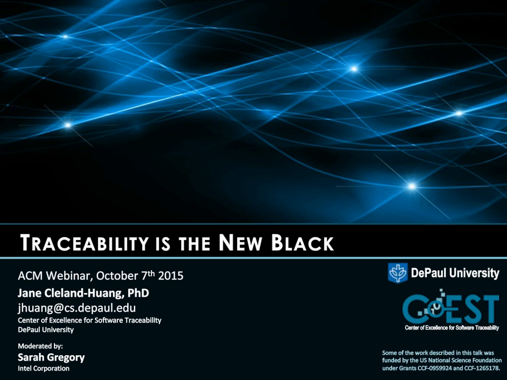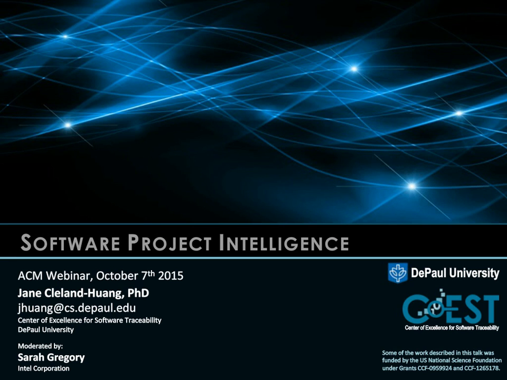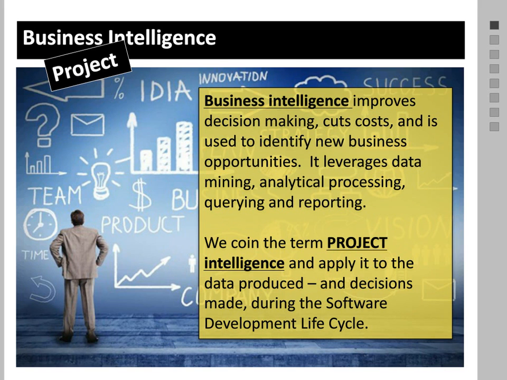Because I'm not really sure that I can convince you at the beginning of my talk that traceability is the new black, I'm going to have a working title, which is Software Project Intelligence, and we're going to first of all look at that. Everybody is familiar with the concept of business intelligence.